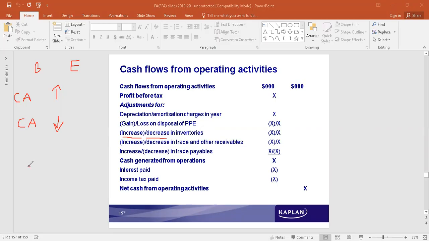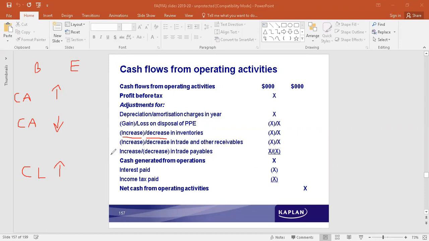On the contrary, when there is an increase in a current liability, it is added, it is an inflow. Why would the current liability increase? Maybe short-term loans are raised or something like that. So additional benefit is realized.